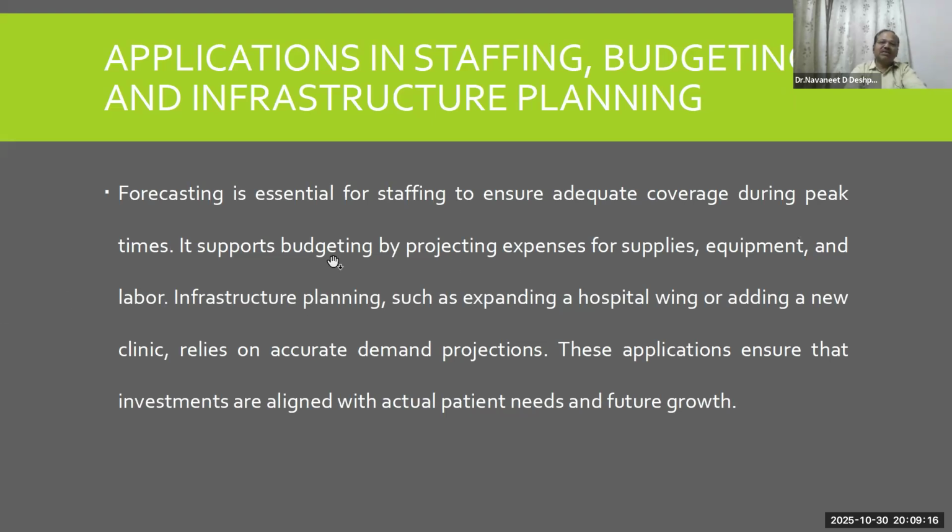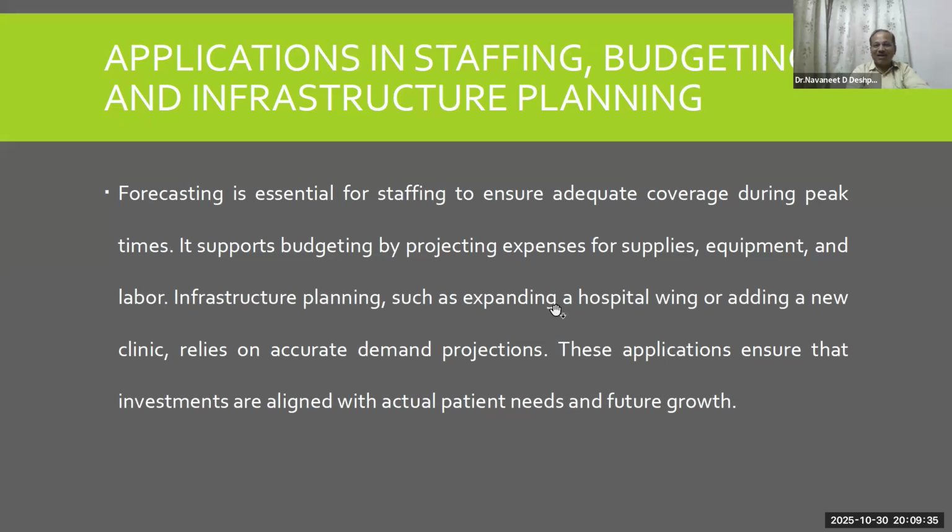Then budgeting, by projecting expenses like supplies. So we can hire or borrow certain equipment at times, and we can return it after certain cycles or trends are over. All this mixing and matching of supplies, equipment, and labor takes a lot of understanding of planning.